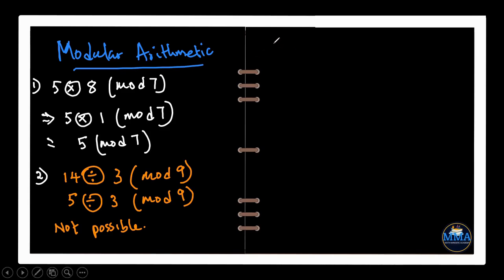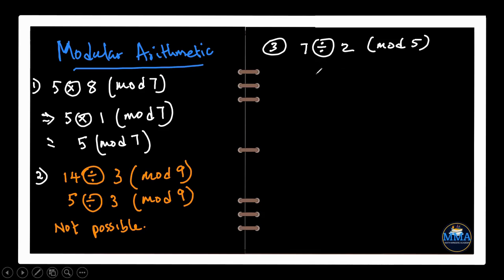Now let's look at number 3, another division that will work. Let's say 7 divided by 2 in mod 5. Of course, 7 is not a mod 5 number because it's bigger than 5. All mod 5 numbers are meant to be 0 to 4. So let's convert. 7 divided by 5, what would be the remainder?